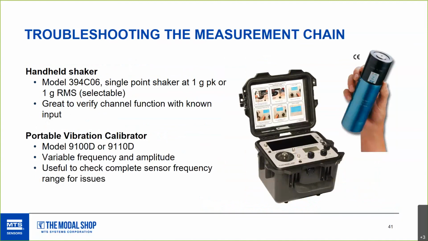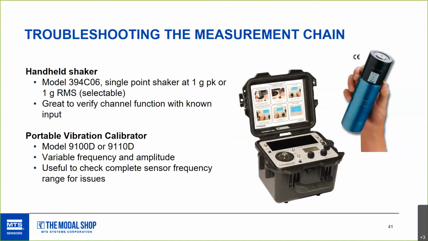And kind of the last big troubleshooting tip here is using a tool just to give you a known signal into your channel so you can check it. So you don't know if it is a sensor that's being an issue, a cable that's an issue, what it might be. We've got a little handheld shaker that's either 1G RMS or peak, selectable.